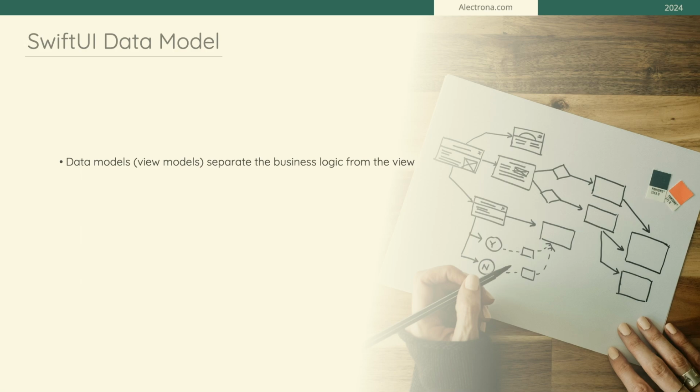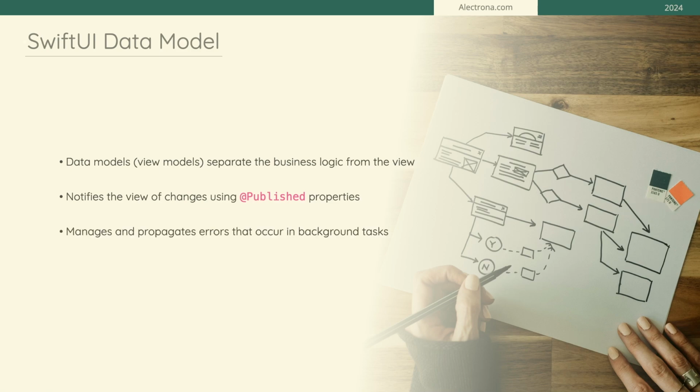So for things that you're doing in the background, you can use data models to notify the view to make updates using what are called published properties. It manages and propagates errors that occur in background tasks. So you can do background tasks in the data model, separate from the view, and then propagate changes from the view model to the view, and I'll show you examples of that too.